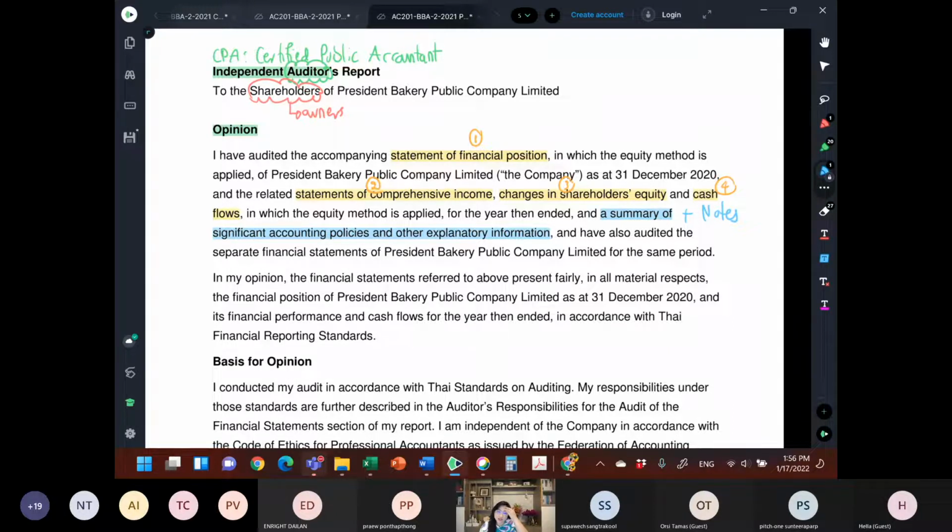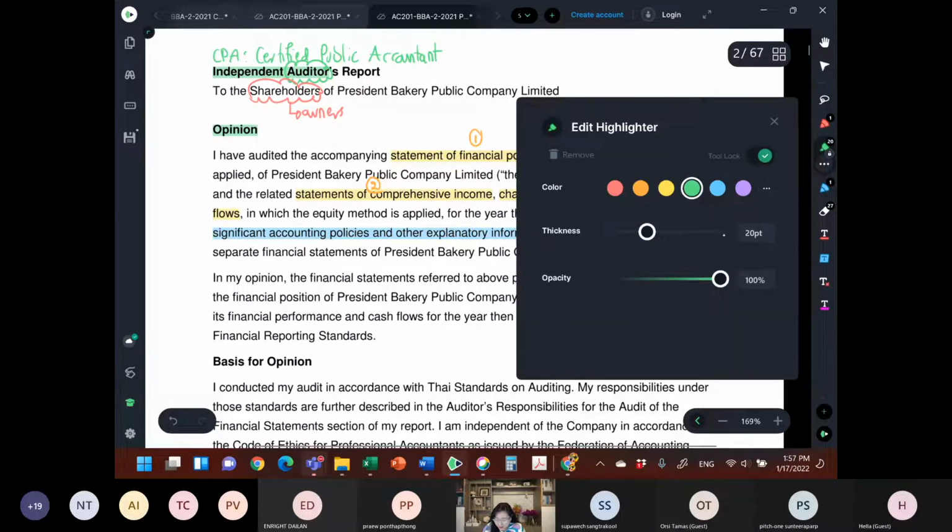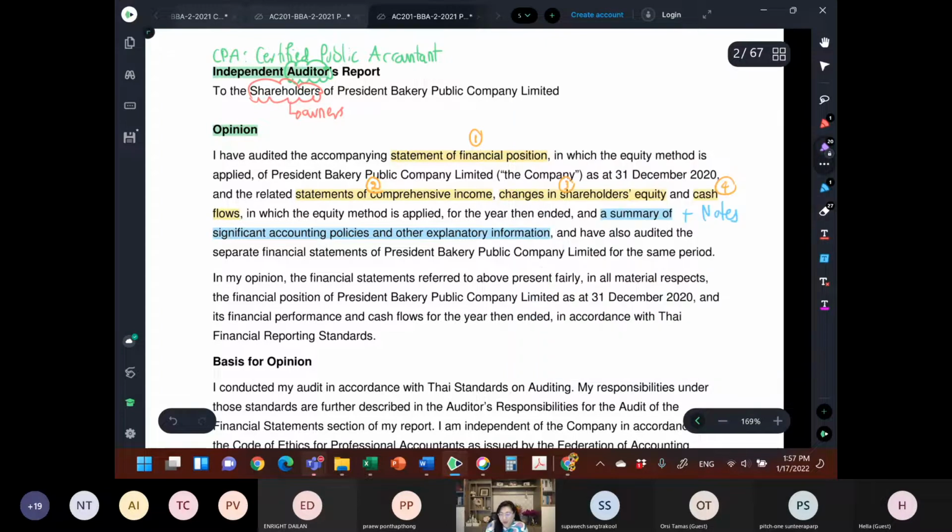And here it says that I have also audited the separate financial statements of the company for the same period. So over here, I would like you to see this. There are actually two sets of financial statements. The first one is the financial statements in which the equity method is applied, and the other one is called separate financial statements.